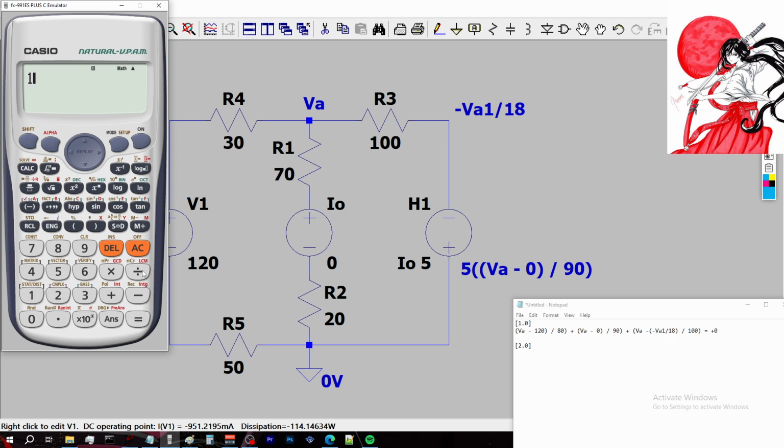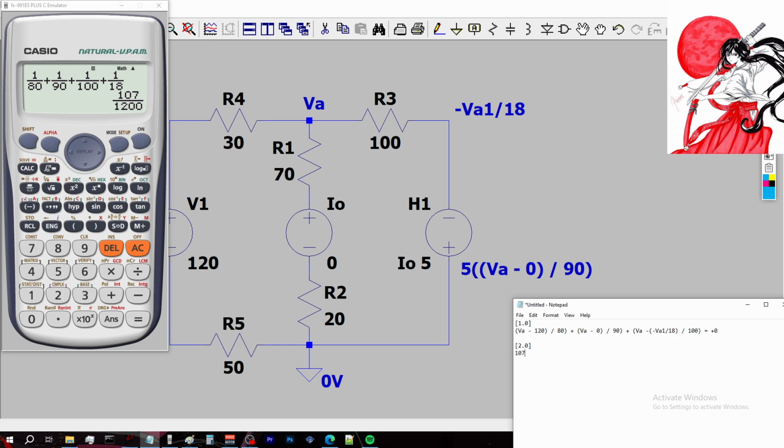We're going to have 1 over 80 plus 1 over 90 plus 1 over 100 plus 1 over 18. That's going to give us 107 over 12.